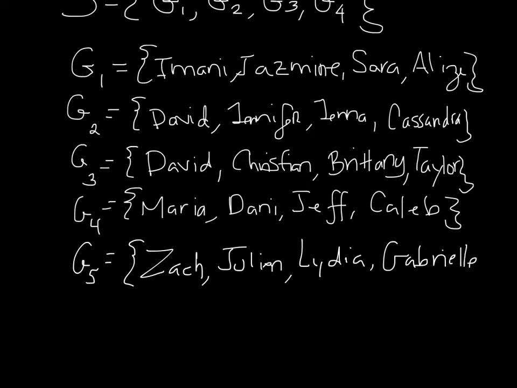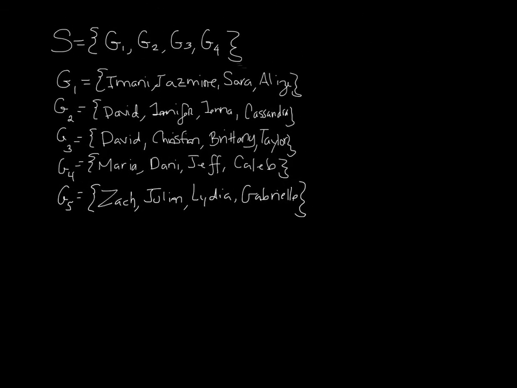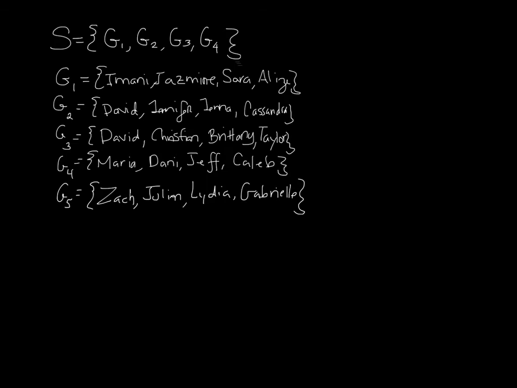Ooh, this gives me another idea actually. Okay, so G1, G2, G3, G4, and G5 are all subsets of S. So let me make this a little bit smaller. Okay, so there are our sets and subsets. So I can say G1 is a proper subset of S, right?